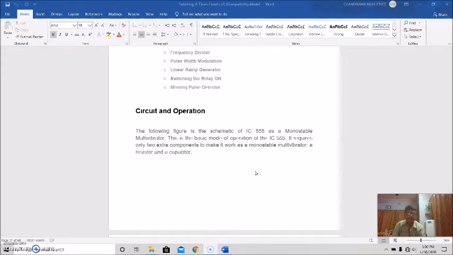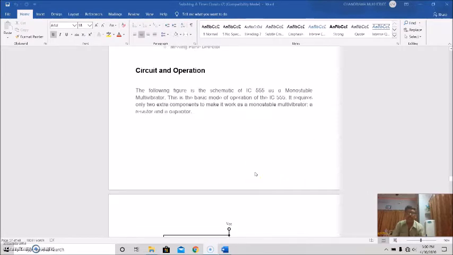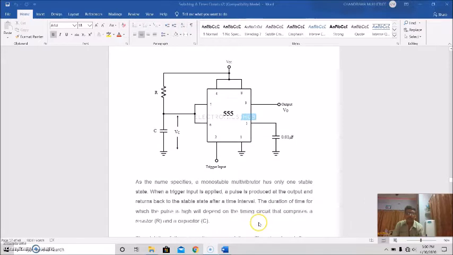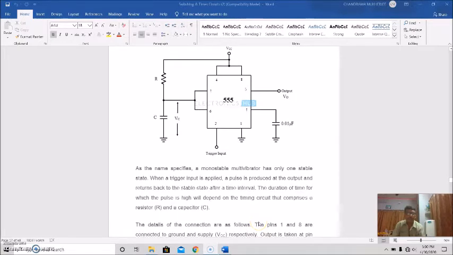Its circuit is monostable, meaning it has only one stable state. In this circuit, two extra components are used with the IC 555 to make it work as a monostable multivibrator: a resistor and a capacitor. As I told you earlier, a monostable multivibrator has only one stable state.